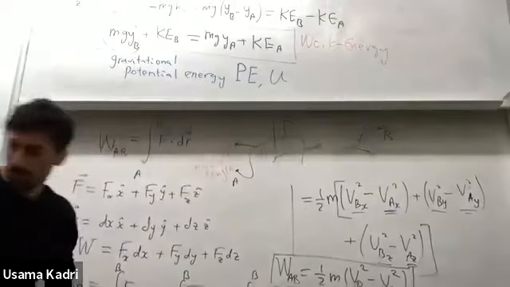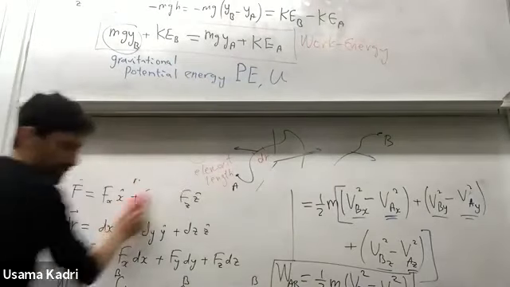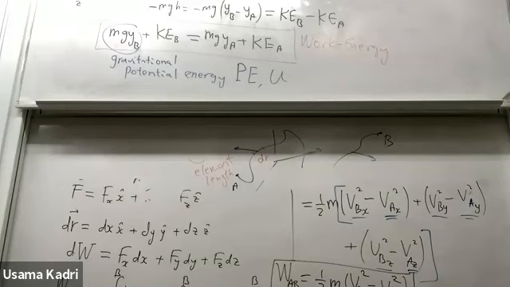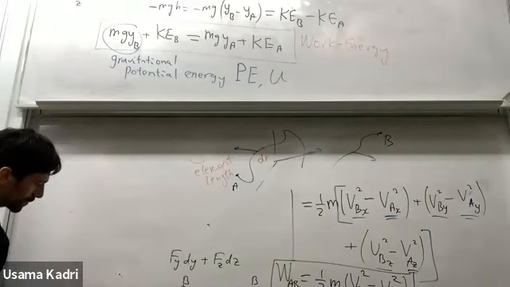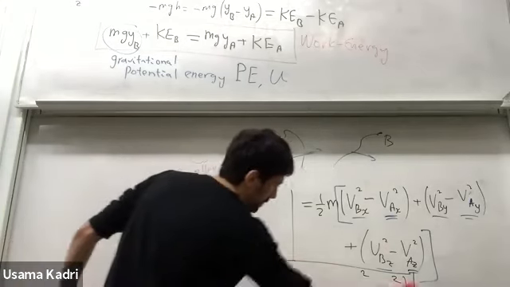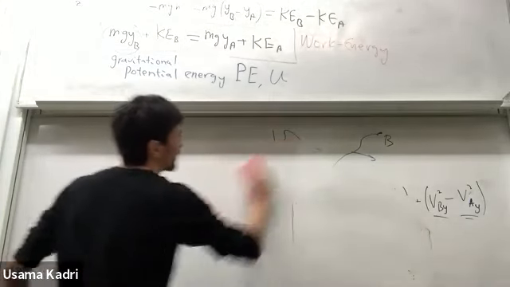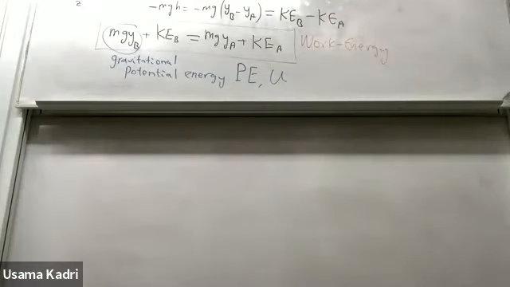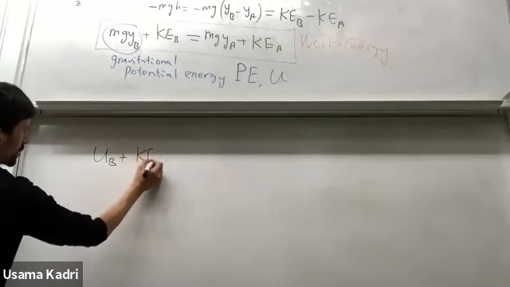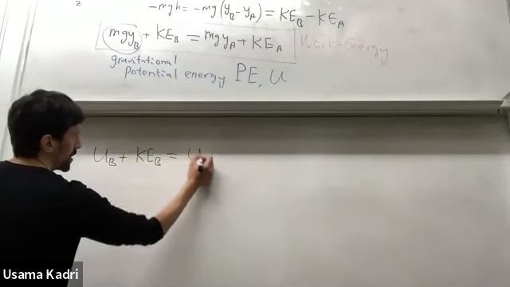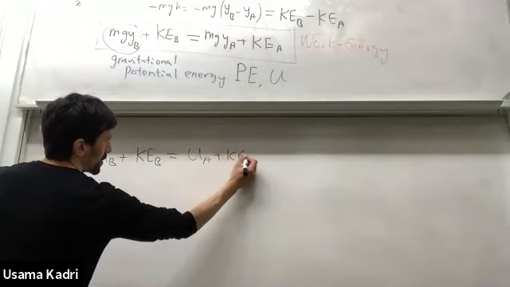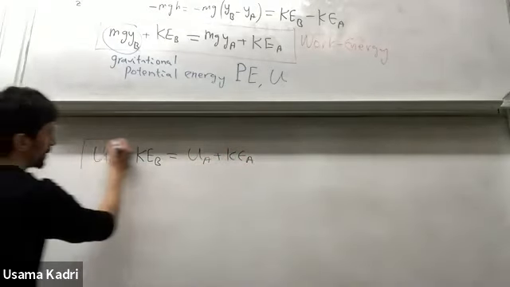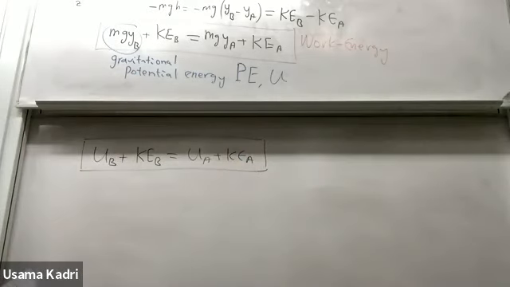So I'm going to rewrite that now in a more compact form. I can simply write the potential energy at point B plus the kinetic energy at point B equals the potential energy at point A plus the kinetic energy at point A. And this is conserved.